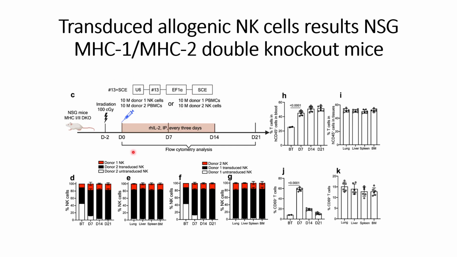This is the overview of the plan. They use NSG mice with MHC1 and MHC2 knockdown and did irradiation of 100 cGy just 2 days before the injection of a mixture of the T cells and the NK cells.